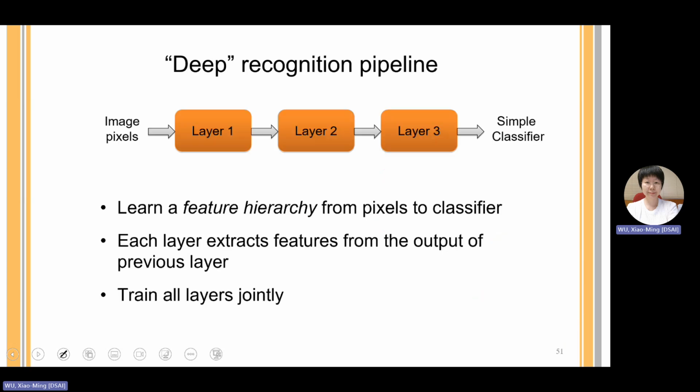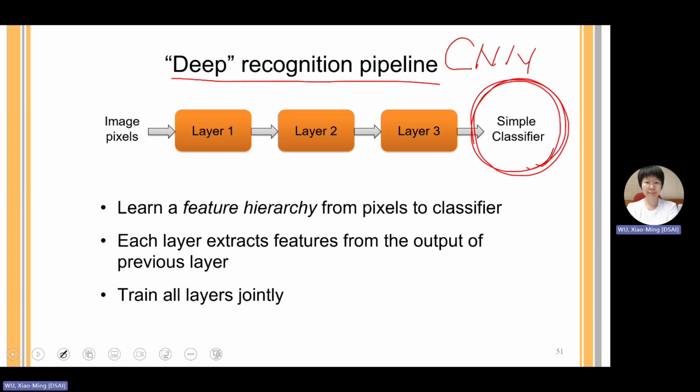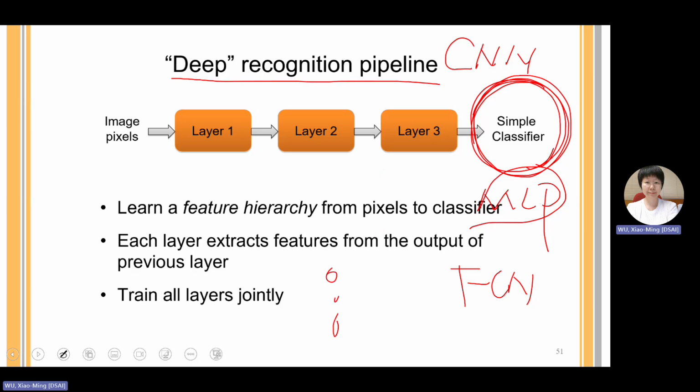But in deep learning pipelines, we also use simple classifiers. For example, the last few layers of a CNN are a multi-layer perceptron, or fully connected network, just two layers of MLP.